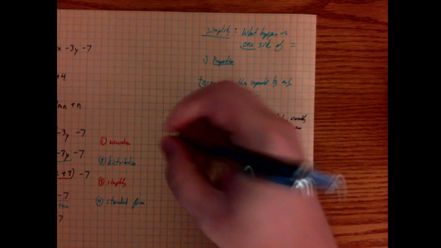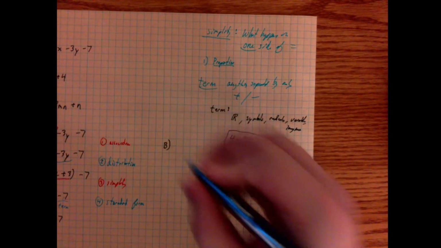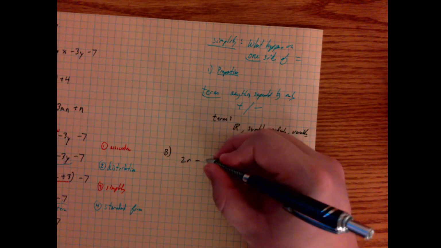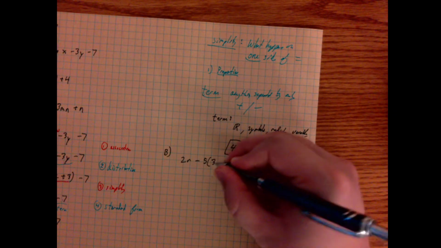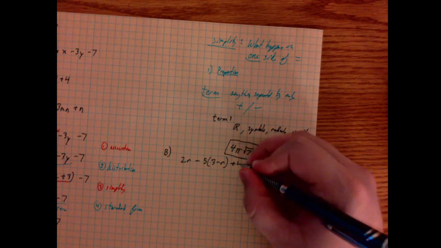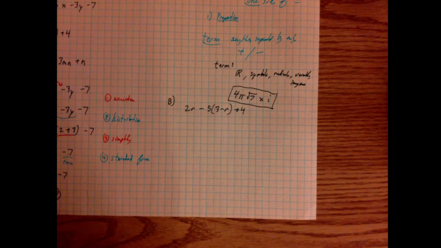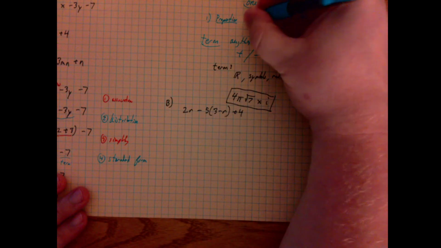Let's take a look at b. And I will do b the exact same way. 2r minus 5 times 3 minus r plus 4. Now, when you're simplifying an expression, you can apply any property at any time.